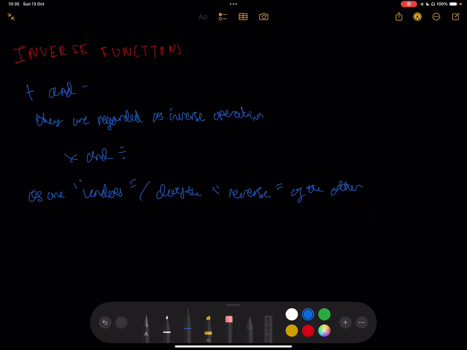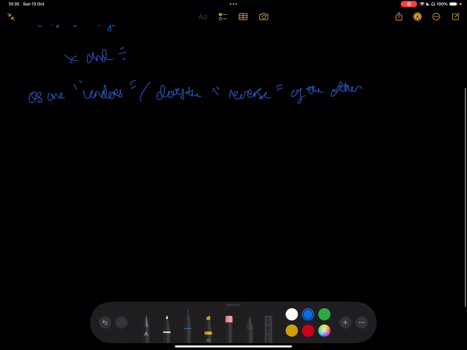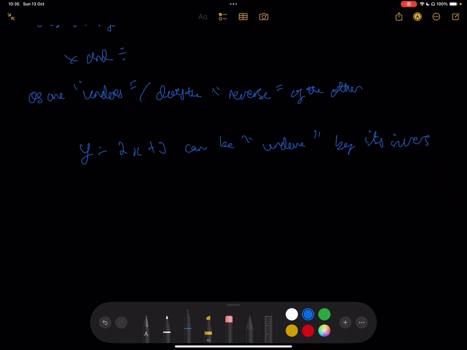The same principle is seen when we're dealing with inverse functions, whereby the function y is equal to 2x plus 3 can be, quote unquote, undone by its inverse function x minus 3 over 2.